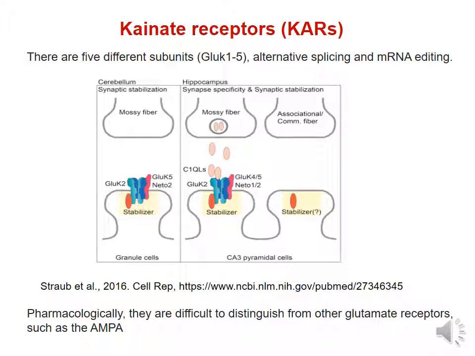Within the GLUK subunits, there are different kinds of affinity. There are low affinity subunits such as GLUK1, 2, and 3, and high affinity subunits such as GLUK4 and 5.